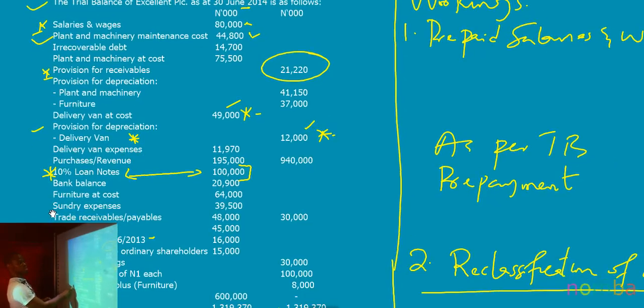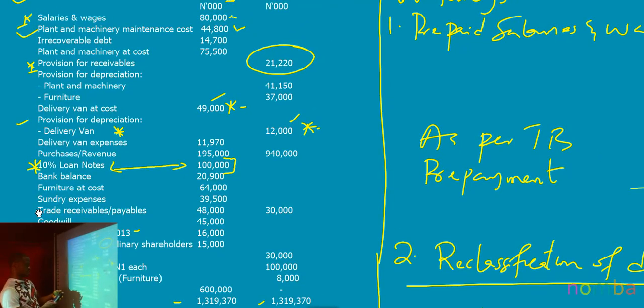Let me quickly confirm this credit side of the trial balance to be sure that it's balanced. Because if it's not balanced, that means they will have made a mistake somewhere. So 41,150 plus 37,000 plus 12,000 plus 940,000, right?